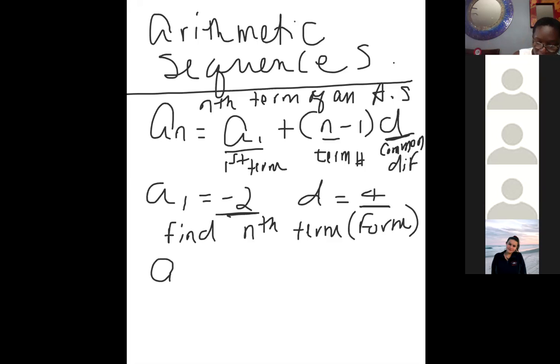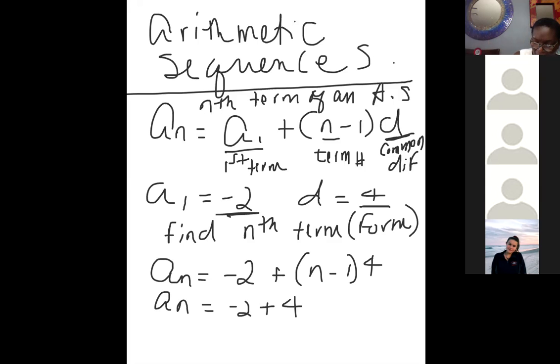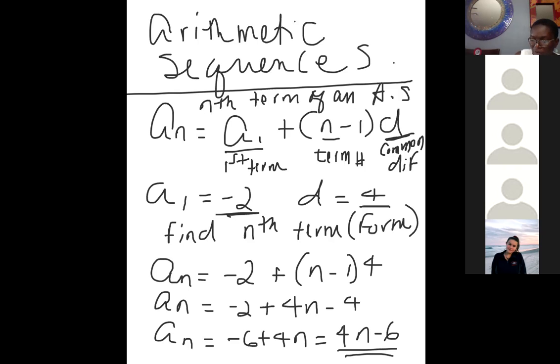So the nth term formula will be an is equal to, you're going to substitute -2 for a1, and then you're going to substitute +4 for d. And of course, you're going to simplify this out. Distribute the 4 to get 4n minus 4, which simplifies to -6 plus 4n, or better yet, 4n minus 6. So this is the formula you would use to calculate any term in this sequence where the first term is -2 and the common difference is 4.